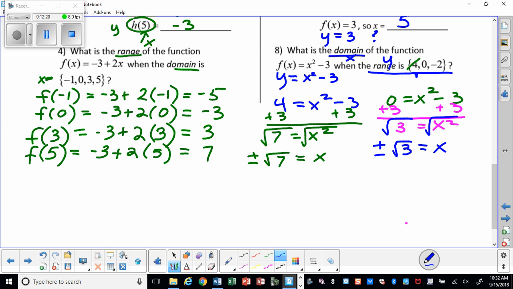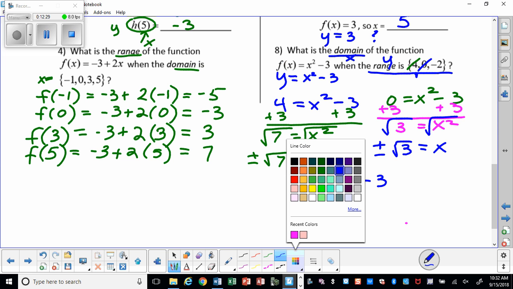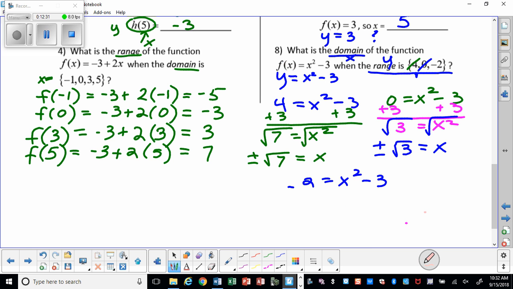And so now that's that, and then now I'll put in negative 2. So negative 2 equals x squared minus 3. Okay, and then I'm going to go ahead and add 3 to both sides. So I get x squared equals 1. Okay, do the inverse.